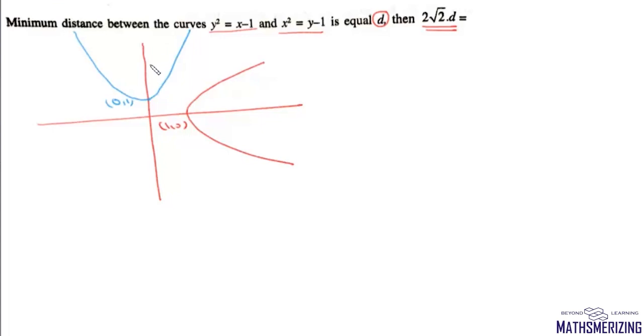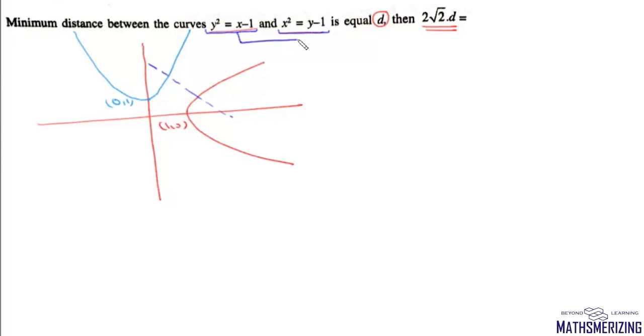Now what we know is the minimum distance occurs along a common normal. Now we need to find the common normal between these two parabolas. But in this question, solving the common normal wouldn't be that easy, because here we have the first form and third form, and this equation will be really complicated. But if we look at these two equations, y square equals x minus 1 and x square equals y minus 1, they're closely related.